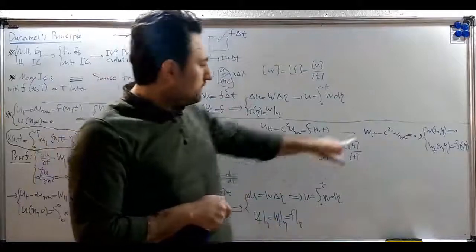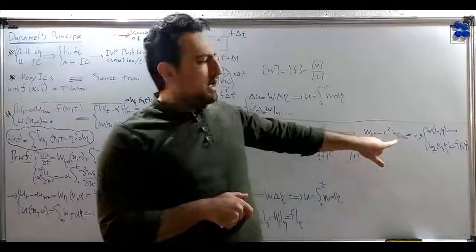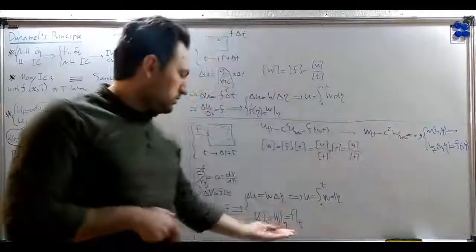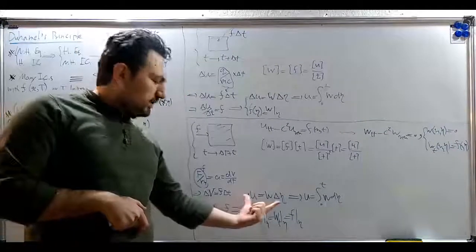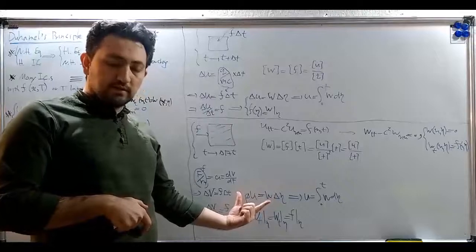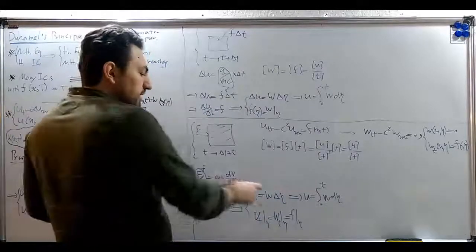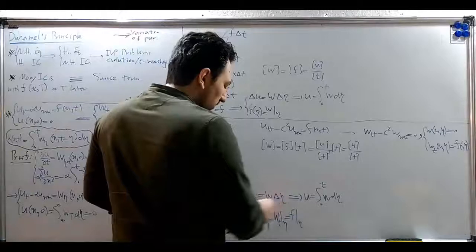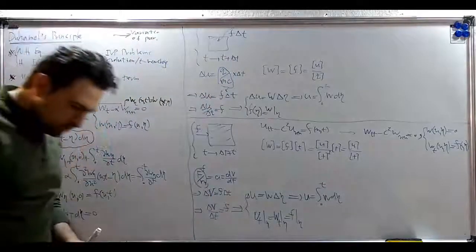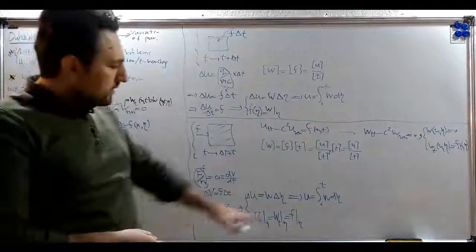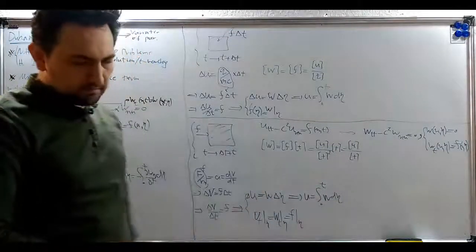So I have to solve this equation using these initial conditions, and after computing w, you can easily integrate this relation, and you will find out that u equals the integral of w over eta from the initial time to the final time, which is t.